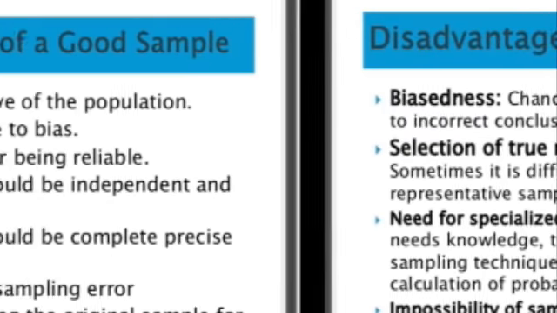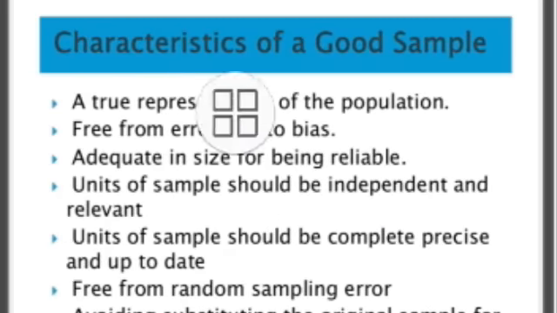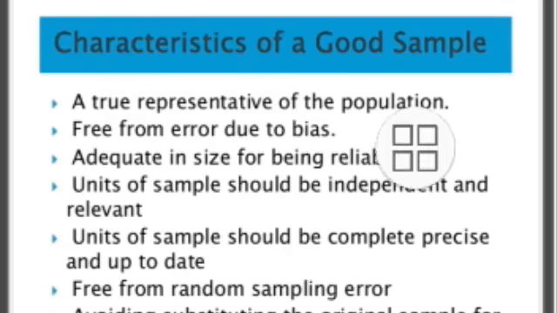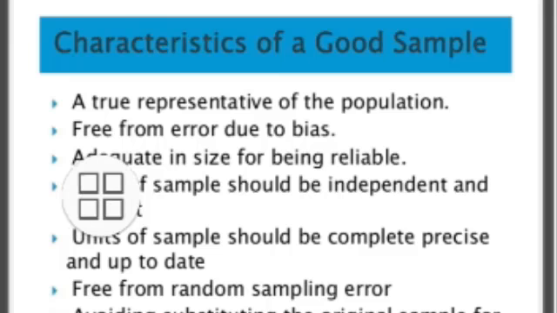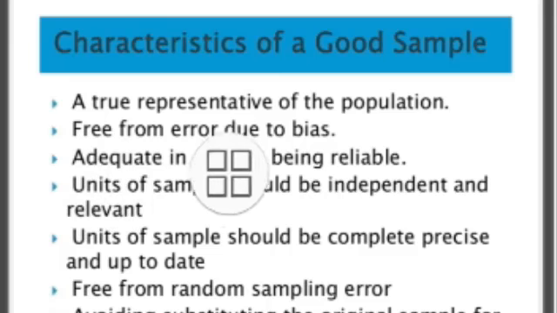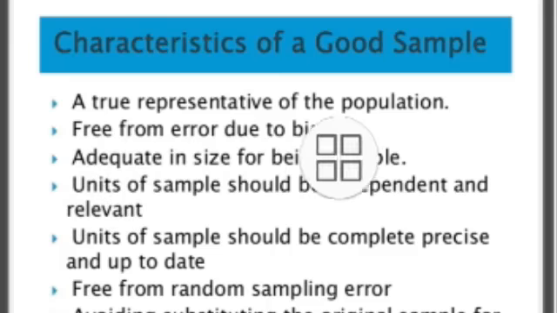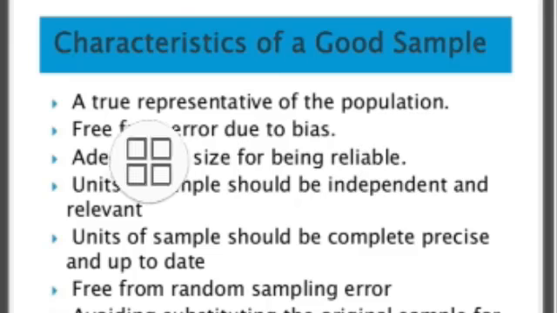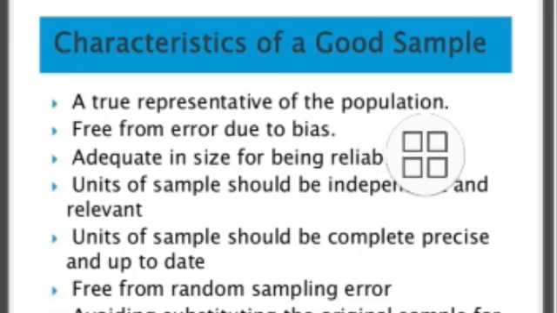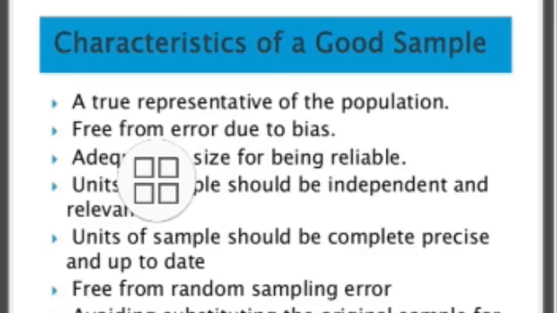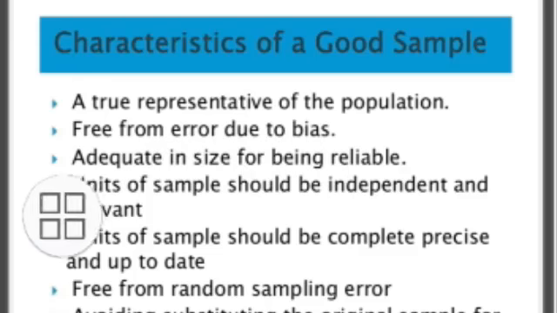So we can say that a good sample must have the following characteristics. First of all, it should be a true representative of the population. It must represent the population, and all the population must have the same characteristics that are present in that sample.